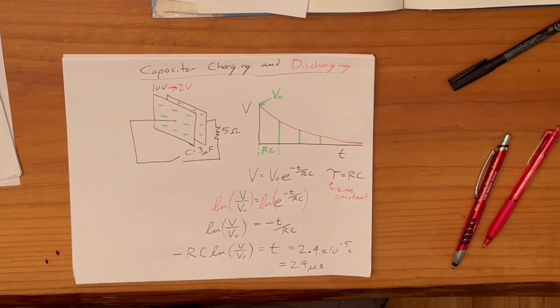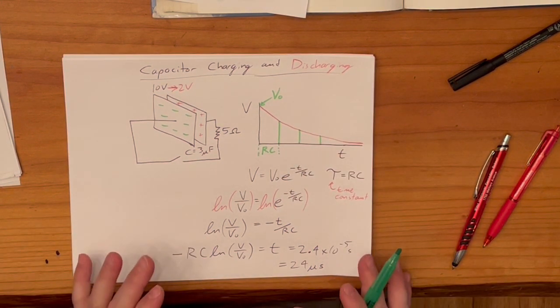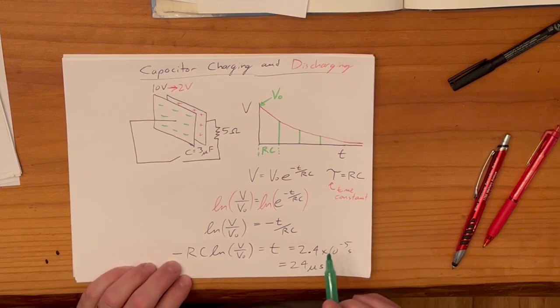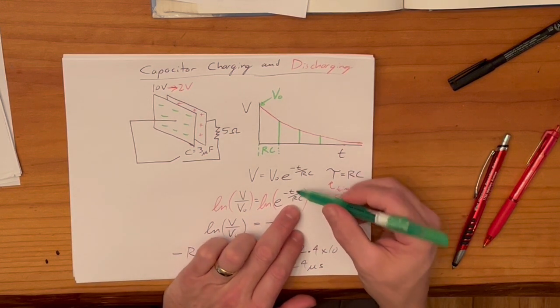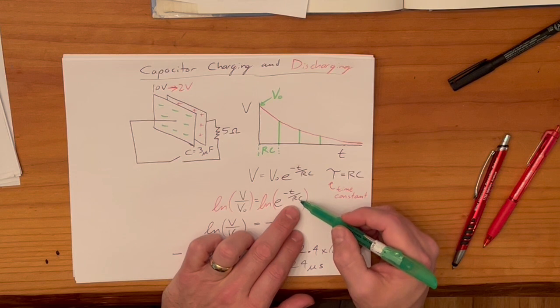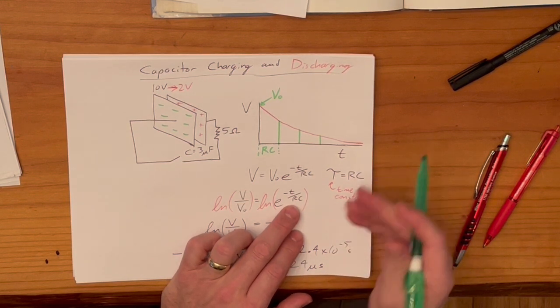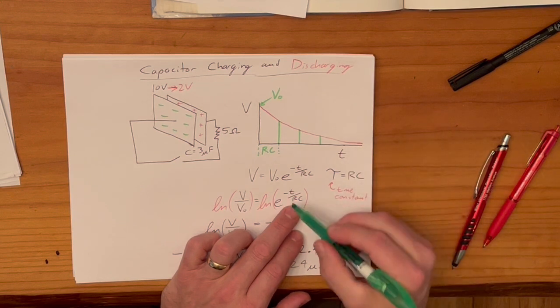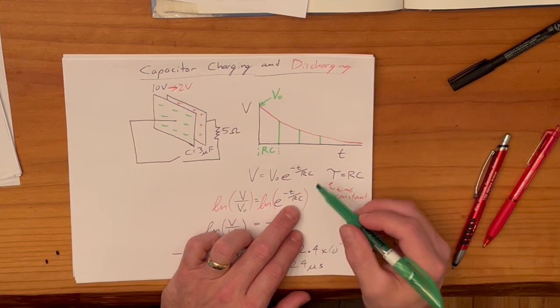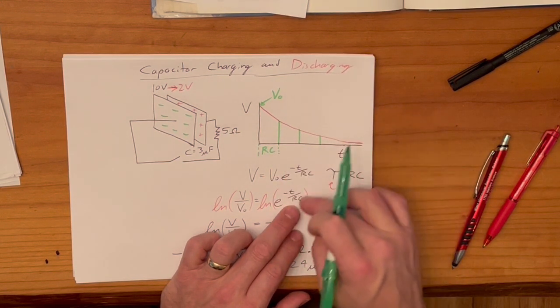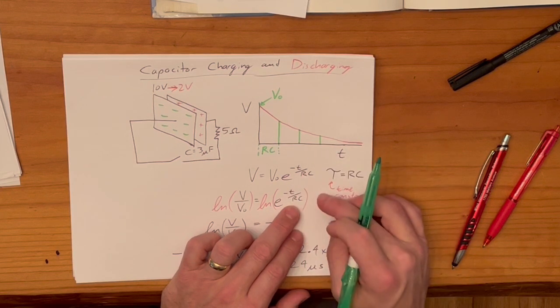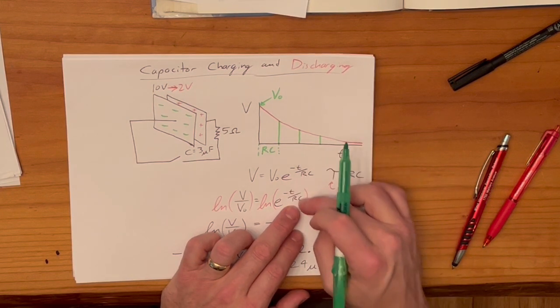And that's what this t over RC is, because it's the number of time constants. Sometimes that gets mixed up in my brain, and I want to write tRC because I'm thinking it's the number of time constants that is the exponent here, but that's the time over the time constant.